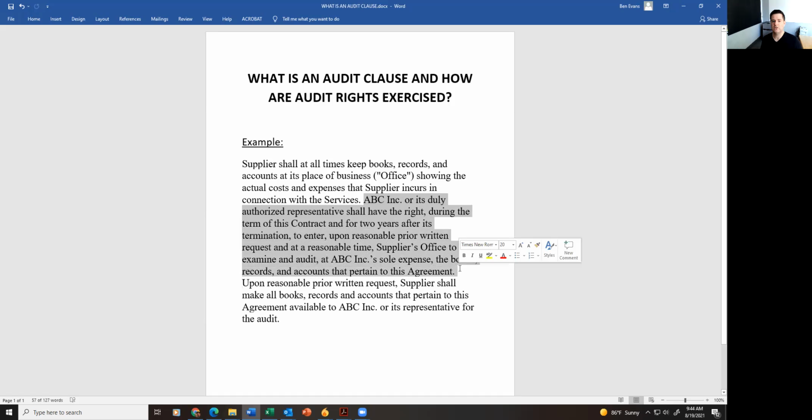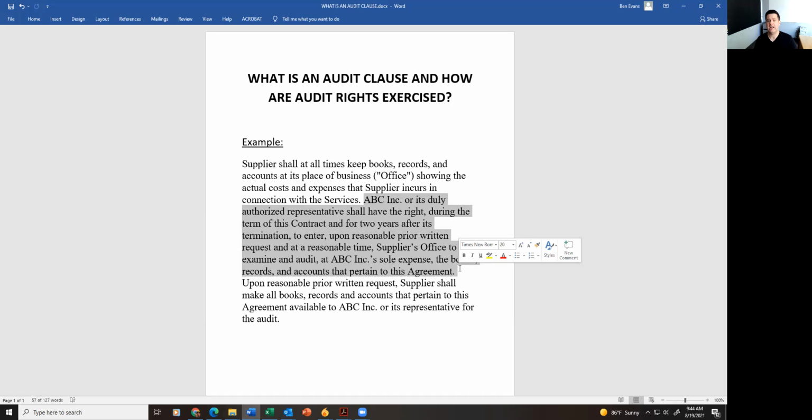That's a long sentence saying a few things here. One, it's saying we have the right to perform an audit while we're still under this agreement. Two, once this agreement is over for 2 additional years, we also have the right to perform this audit work, meaning that this relationship could end tomorrow, and in 6 months, we could still kick off an audit and be within our contractual rights to do so.